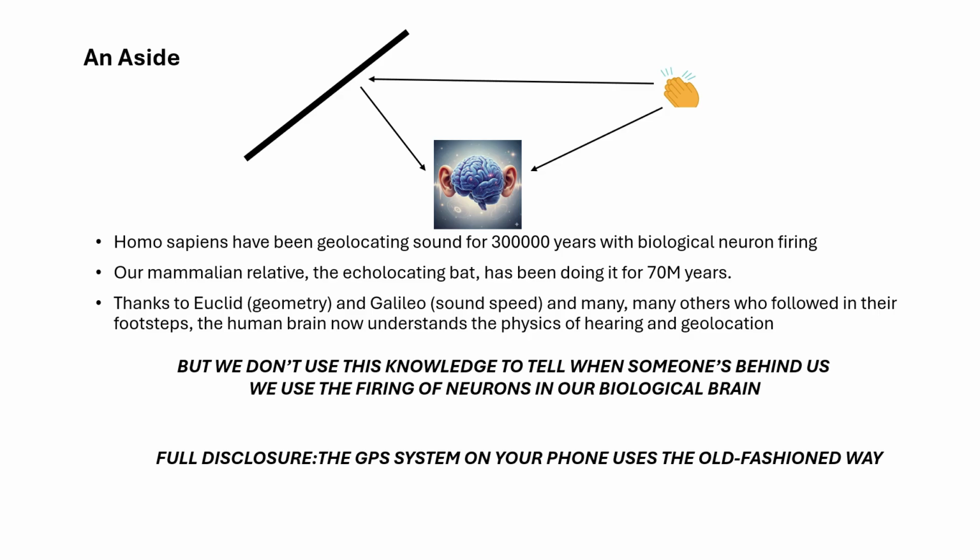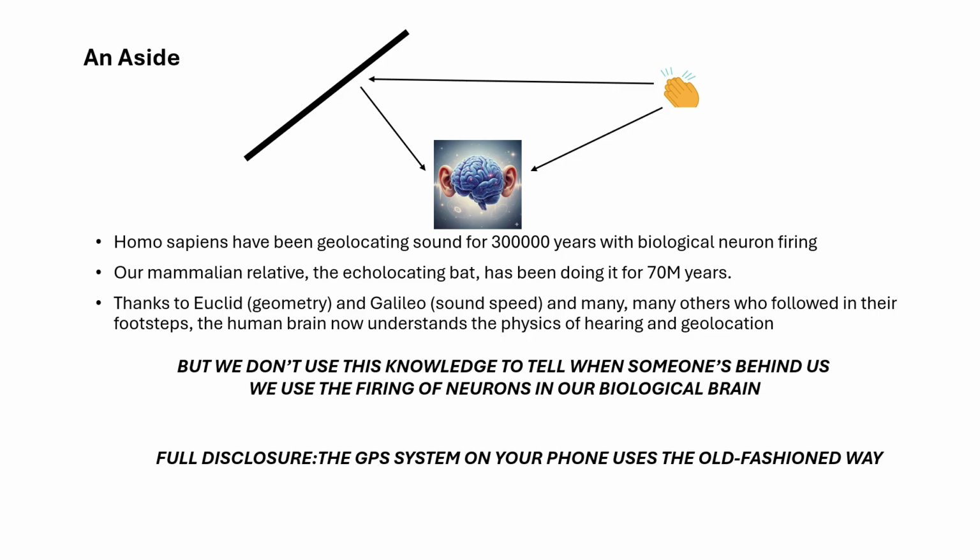Just a quick aside, Homo sapiens have been geolocating sound for 300,000 years with biological neuron firing, not the mathematics of Galileo and Euler, who gave us the geometry and the speed of sound. We have a mammalian relative, the echolocating bat, that's been doing it for 70 million years.